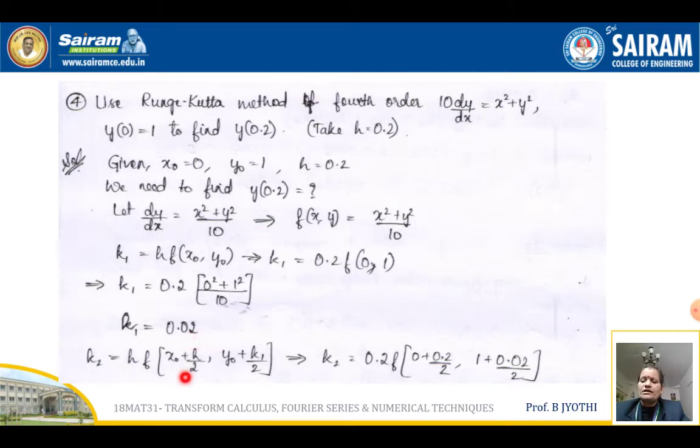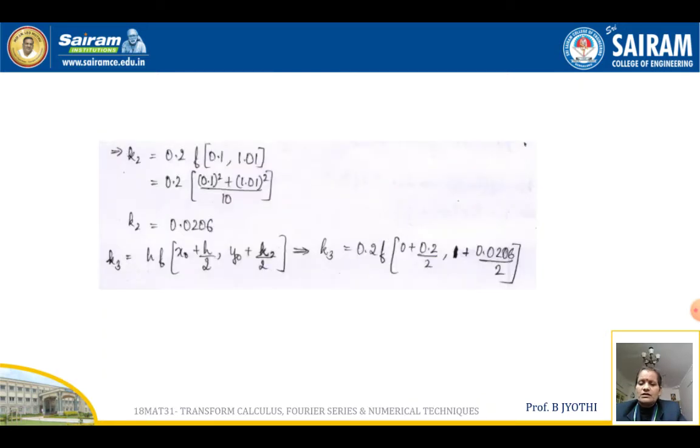So we compute k1, that is 0.02. Next, we find k2 by using this formula: 0.2 times f of 0 plus 0.2 by 2 comma 1 plus 0.02 by 2. This was k1, which we are using with h. With that value, that is 0.2 into f of 0.1 comma 1.01, we get 0.0206.